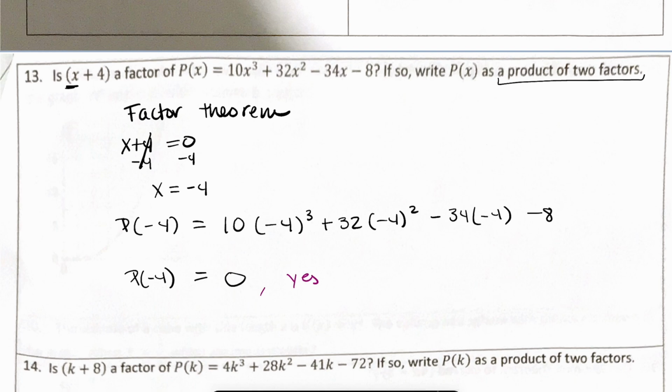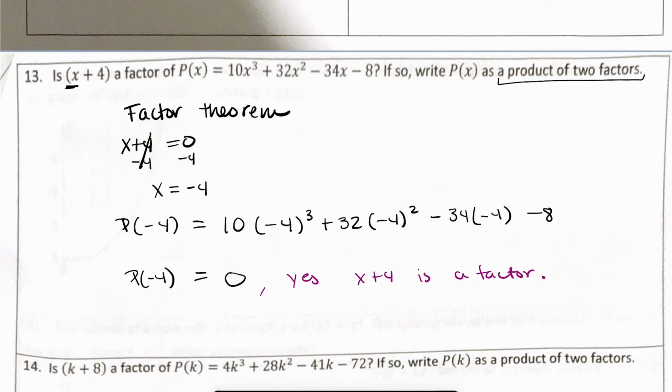So yes, x plus 4 is a factor by the factor theorem. But doing the factor theorem does not necessarily tell us how to write it as a product of two factors. So that's why I showed you the synthetic division and long division first.